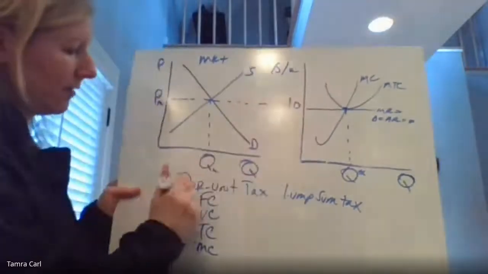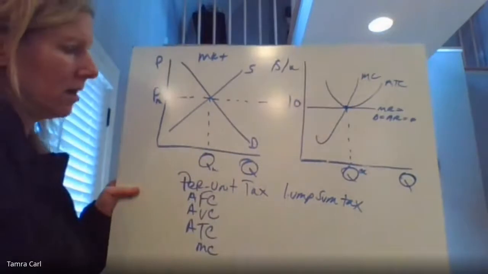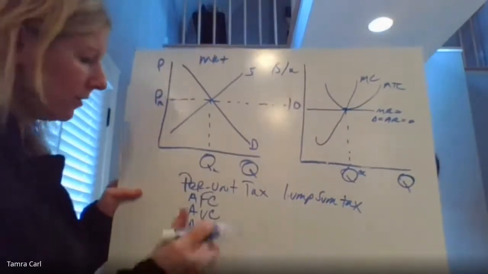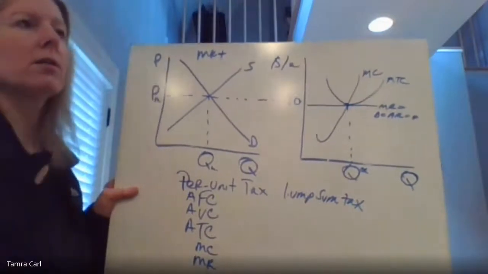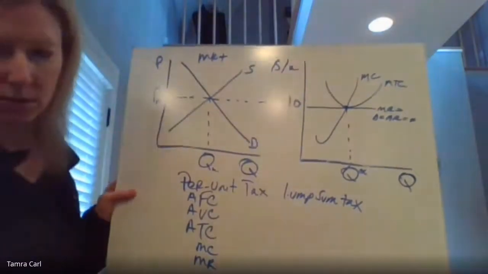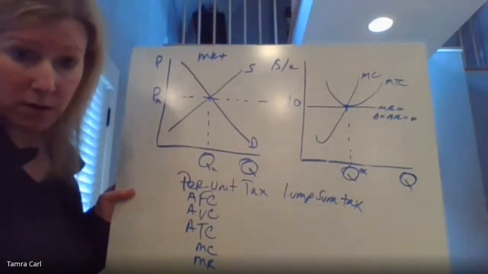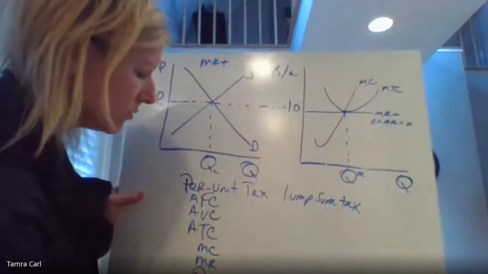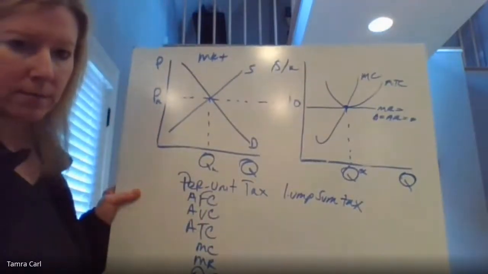These are really the averages, so I could even throw those in because that's what I see there on it. The other curve that I'm dealing with is my marginal revenue. And the questions they can ask can be what happens to quantity, what happens to price, or what happens to deadweight loss. So let's ask what happens to quantity when they place a per unit tax.